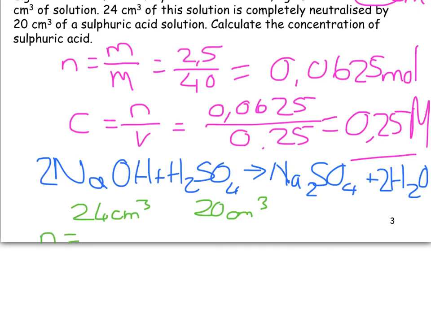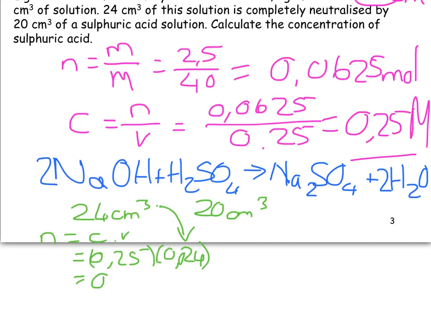Number of moles is equal to concentration times volume, and that is going to be equal to 0,25 times 0,24. I prefer not to leave the units different, because it's not authentic in the middle, even though it comes out in the wash. So I prefer to change that into decimeters cubed by dividing through by 1,000, so it's 0,024. Here we go, and getting an answer.